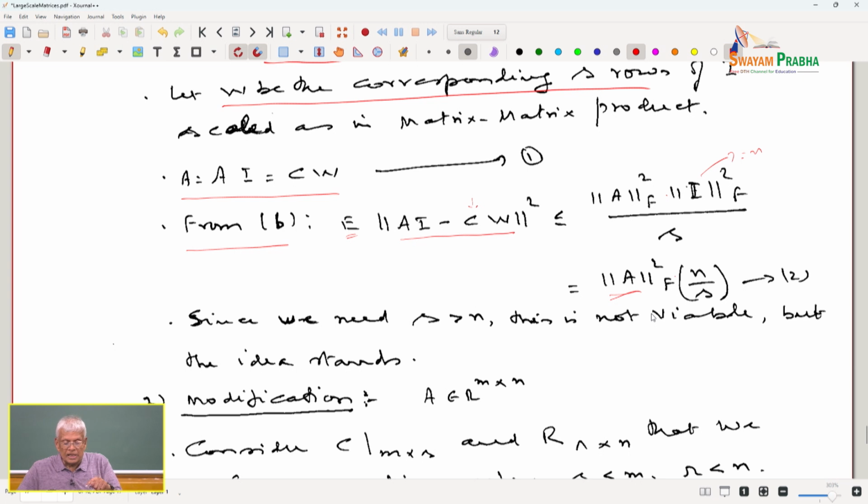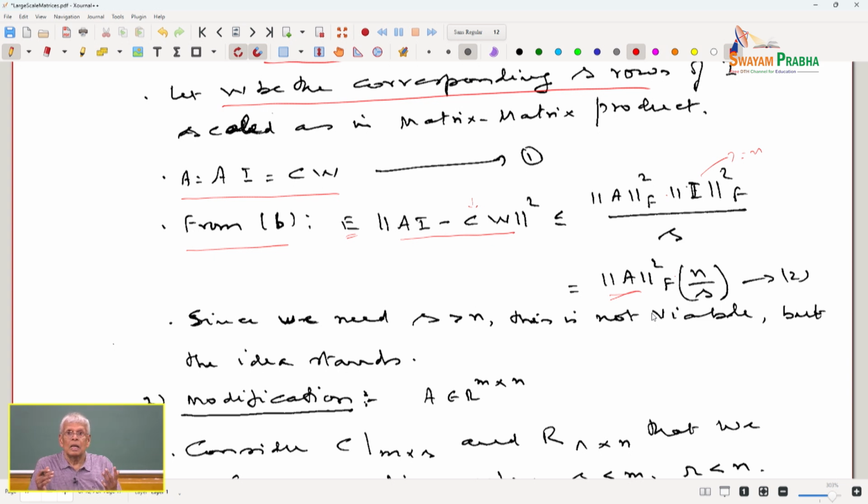Since we need s to be greater than n, this is not a viable choice, but the idea stands. Please understand, n is the size, and I would like this to be as small as possible, and for that I need s to be larger than n, and after all that is not viable.